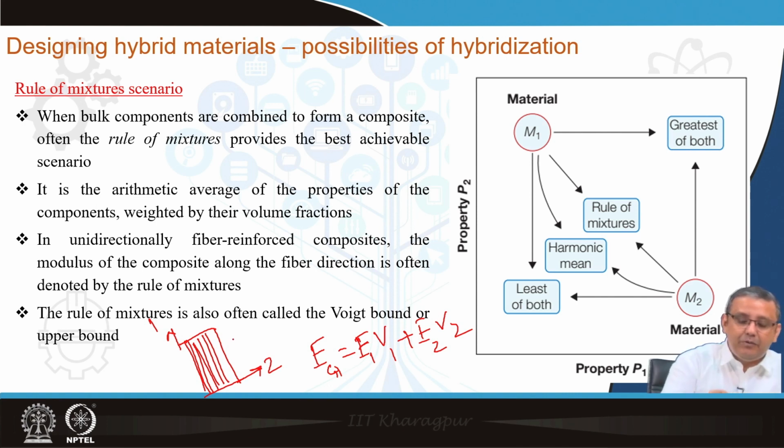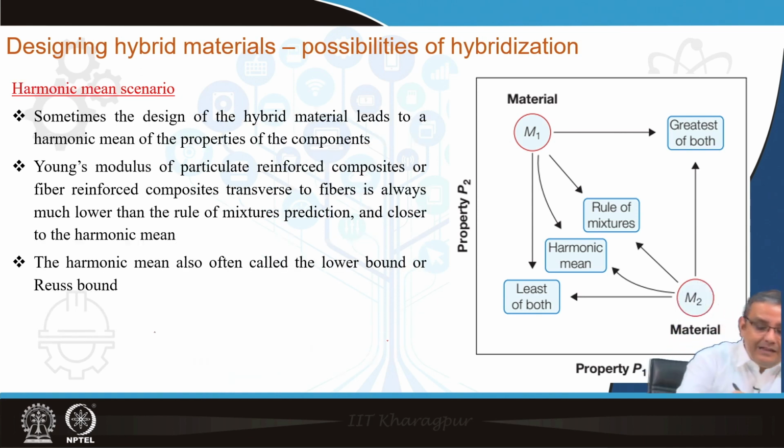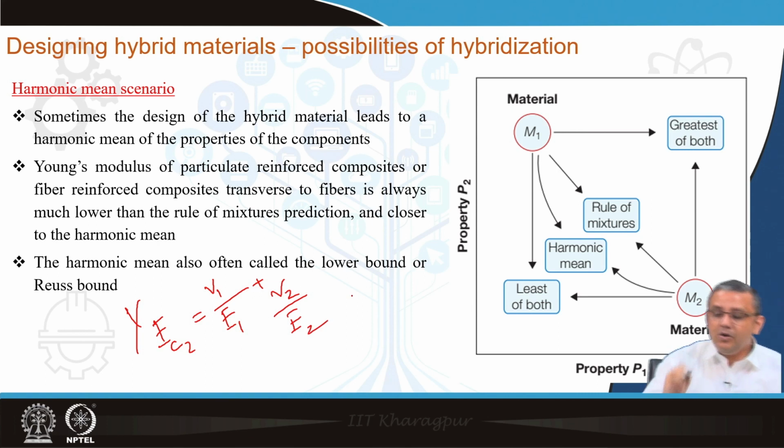That means, in this particular design, along one direction the equation is being shown over here. However, if one needs to find out the same modulus along two direction, that means the expression for EC along two direction, then one needs to use this equation. So, 1 over EC2 equals V1 over E1 plus V2 over E2. So, this then becomes the harmonic mean.